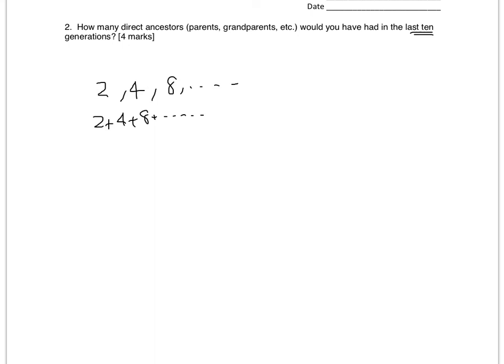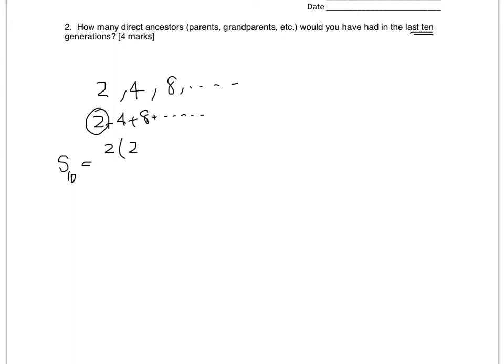Now, if you look at this sum, you can see that every term is the previous term times 2. 4 is 2 times 2, 8 is 4 times 2. So this means that this is a geometric sum. So I have to find S10, and I know that the formula for Sn is a times r exponent n minus 1, divided by r minus 1. a in this case is 2. r here is 2 because 2 times 2 is 4, 4 times 2 is 8, and so forth.